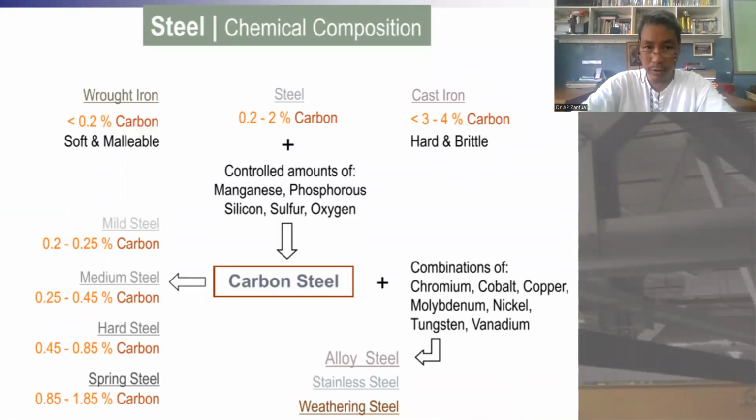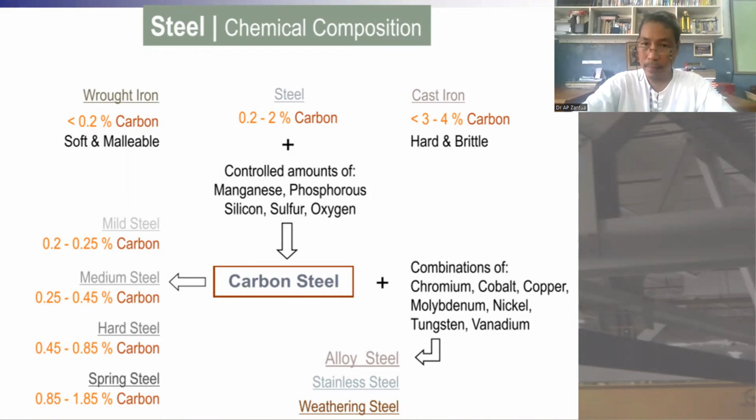MPSSO, that is the elements added to steel, while if you add another set of elements like triple C, MNTV, meaning chromium, cobalt, copper, molybdenum, nickel, tungsten, and vanadium.